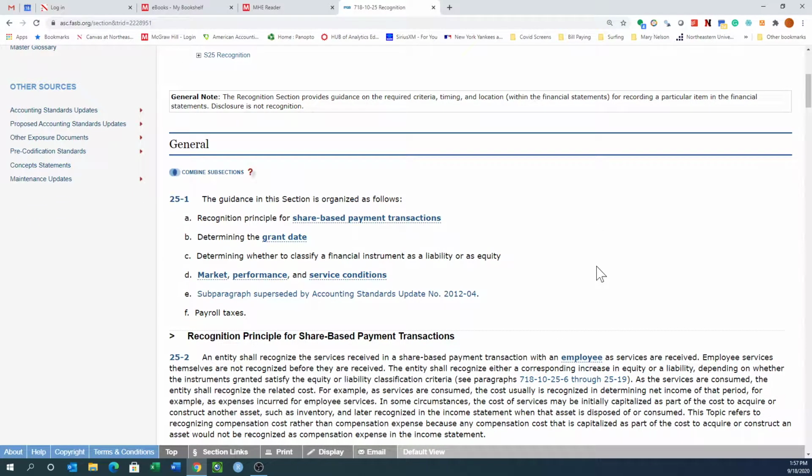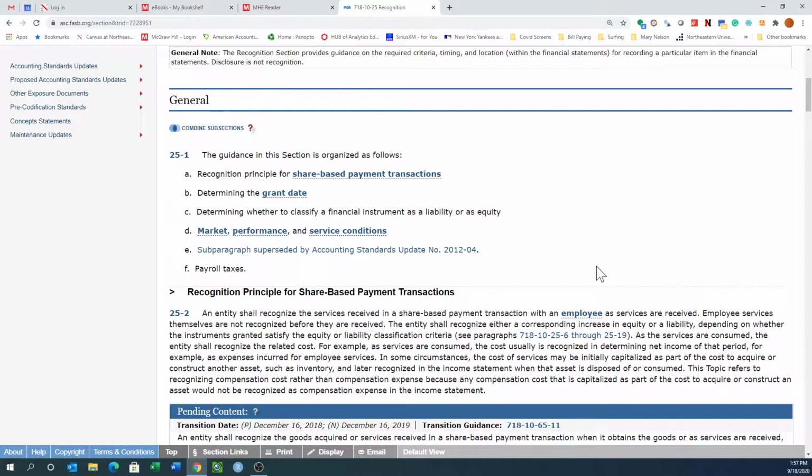Right? And again, recognition is for services or for something that's been performed. Just like any other, we've incurred an expense when we hand over this contract, we hand over this award. And we need to recognize those future potential payments in equity as compensation expense at that point in time, because it's likely that we're not paying you cash, we're giving you an equity instrument in lieu of cash.